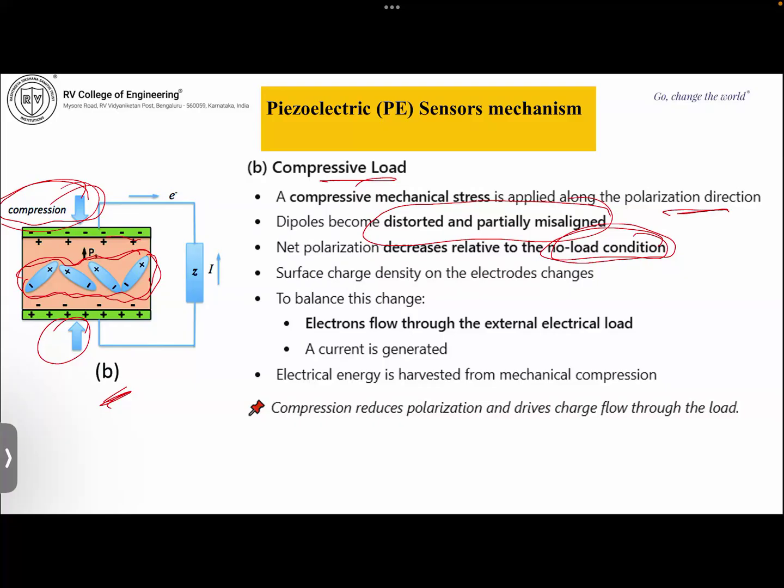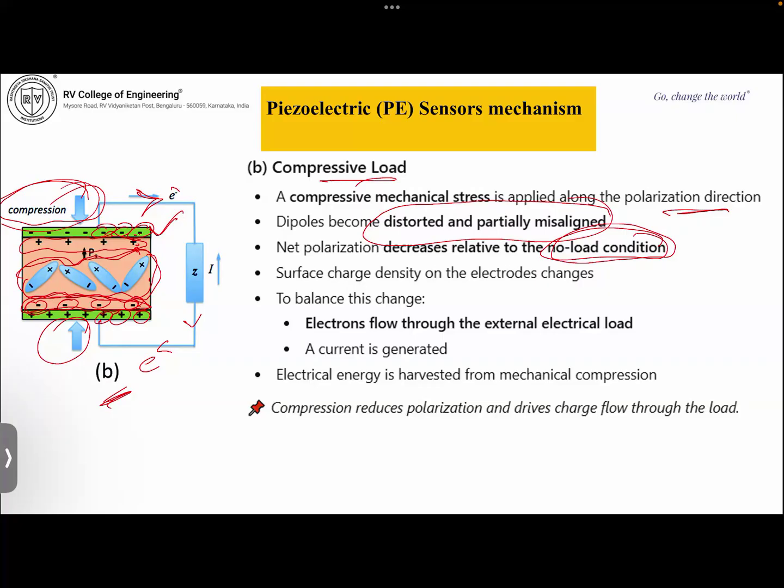You can see that the positive charges decrease here, and the negative charges decrease on this side. As a result, there are excess electrons present here, because the positive charges are less, therefore the electrons start flowing out. Here there are fewer negative charges, so more positive charges. To compensate for that, the electrons start flowing here, to balance the surface charge density on the electrodes.